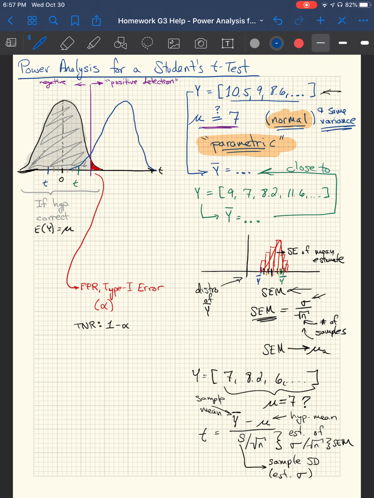But imagine that this blue curve I just drew is a copy of the black curve shifted over to the right. Because the means are different, the centers are different, and there is some distance between these two, which we'll talk about a little later, that represents the distance between these two hypotheses.